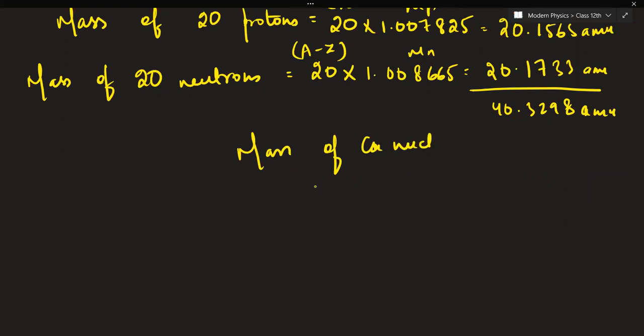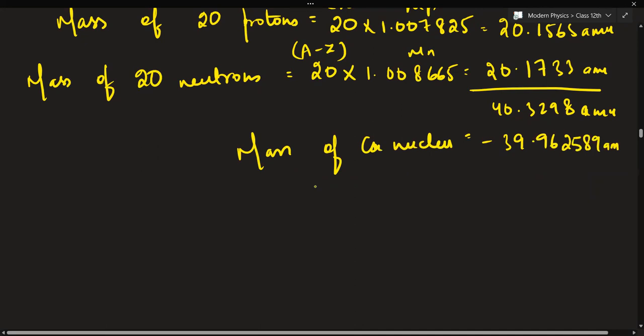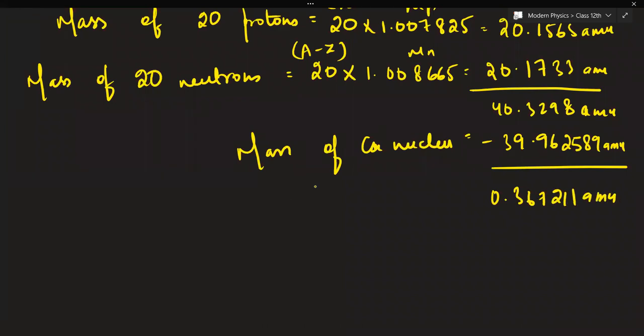When you subtract 39.962589, you will have your final answer as 0.367211 amu. This term is finally the mass defect, from the same formula we have used. So you have the value of delta M.